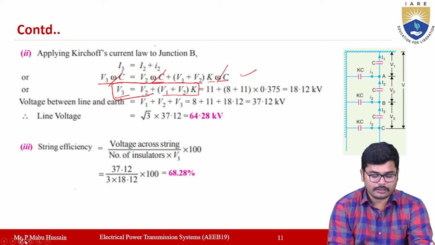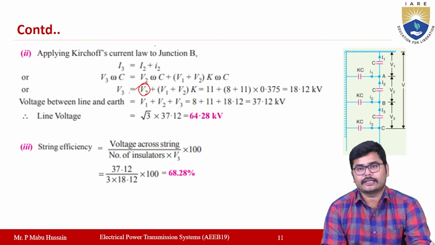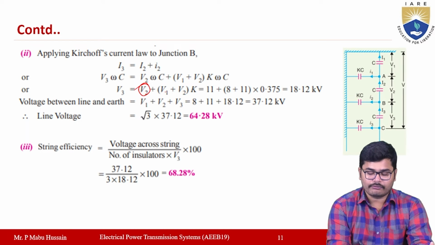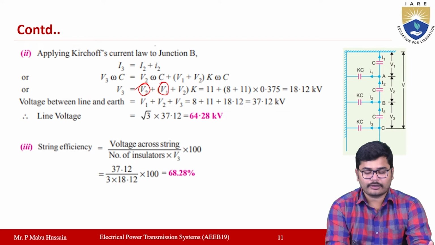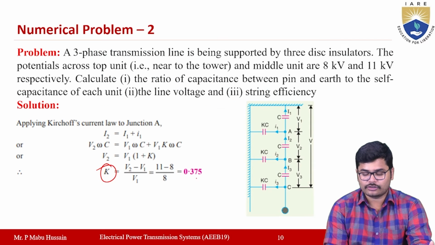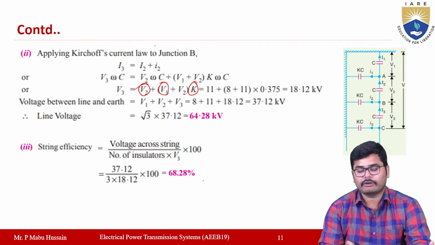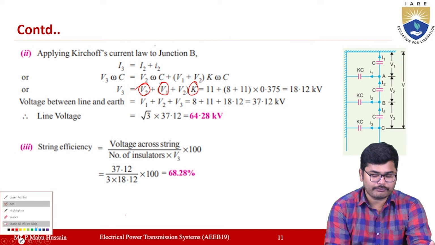Okay. So now here also we know all the values. The V2 value is already given in the problem, which is 11 kV. The V1 value is already given, which is 8 kV. And we already determined the value of K, which is 0.375. So if you substitute all the values, you will get the value of V3.